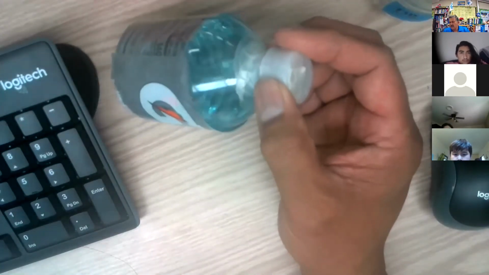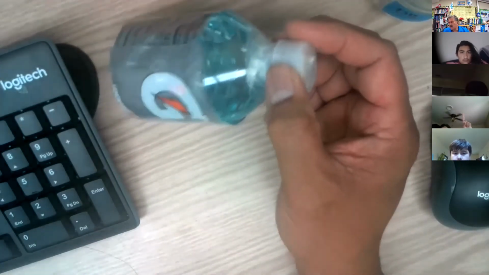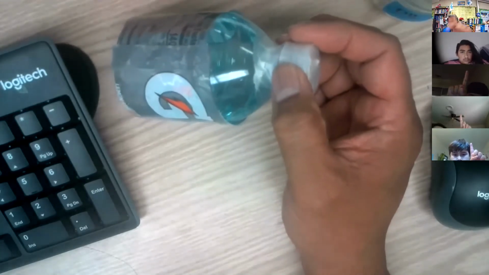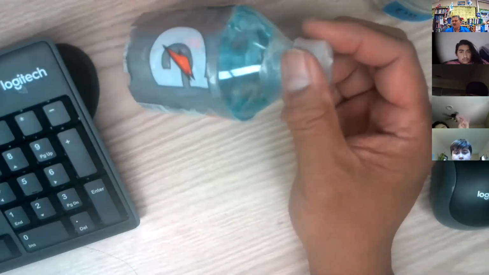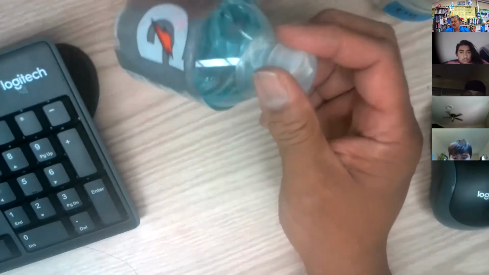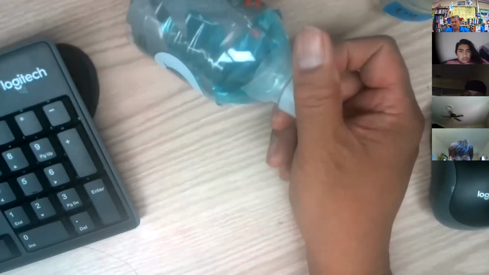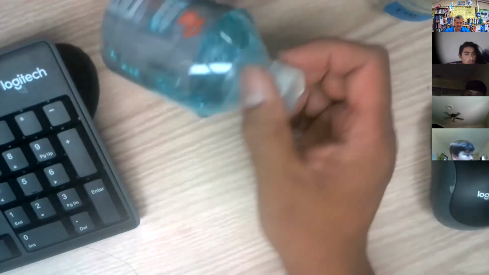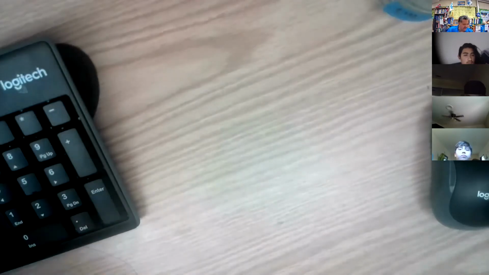Ready, set, show. Whoa, you all got it. So this is a homogeneous mixture because it all looks the same. It's all blue there, kind of bluish.